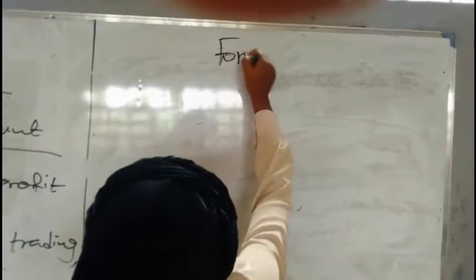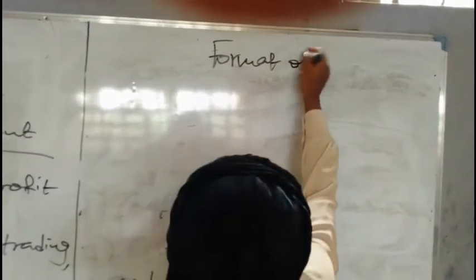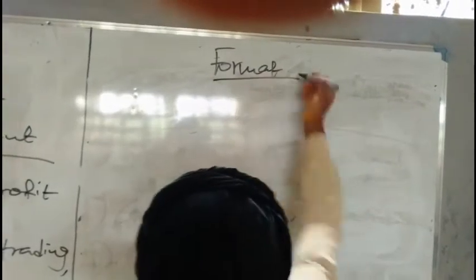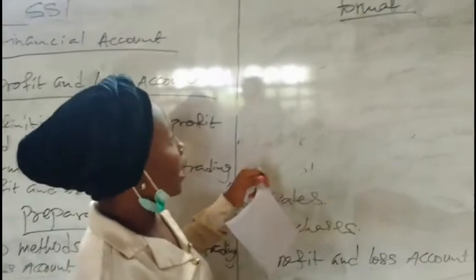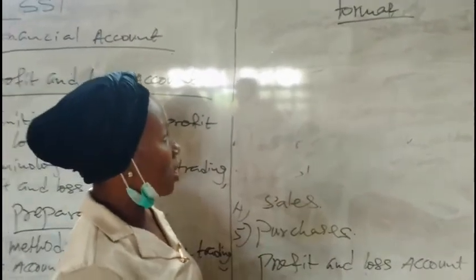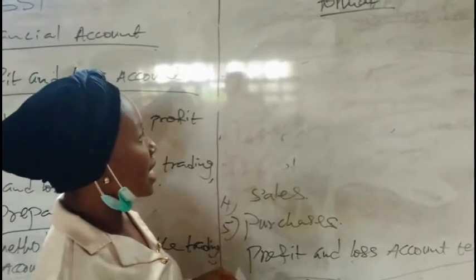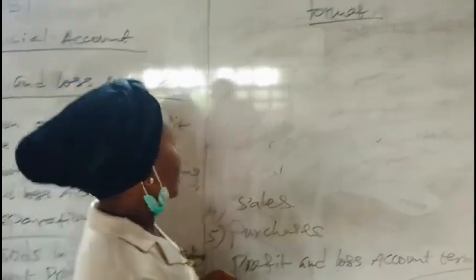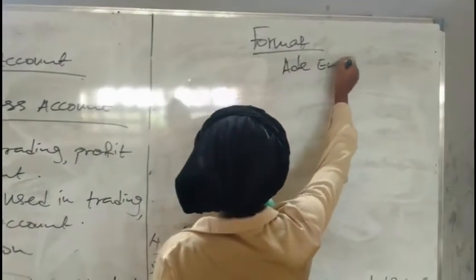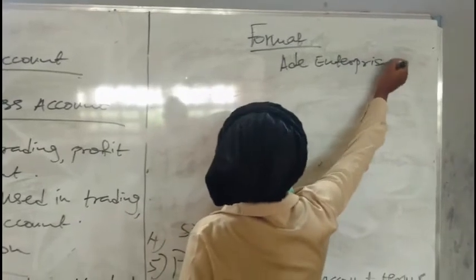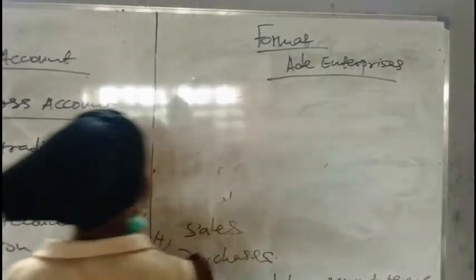Now, here, we have the T-shaped format. Before solving a problem that has to do with the trading profit and loss account, you have to bring the name of the organization involved. Let's use, for example, Ade Enterprises, which is the name of the company.